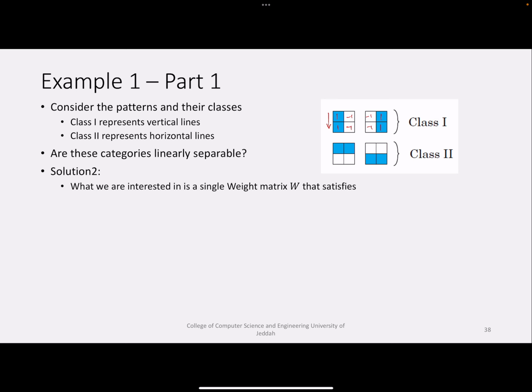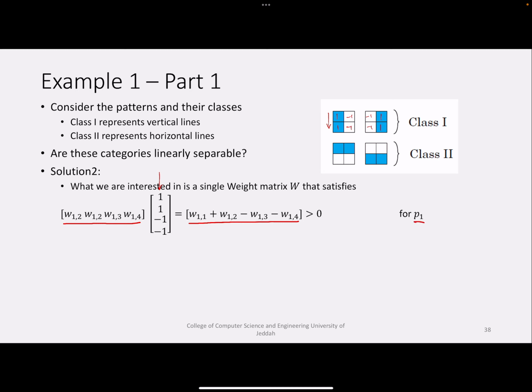So let's plug these input vectors in here. What we're saying is that W times P, where W contains these 4 weights, if you take the dot product of these 2 vectors, you get this term over here. And this should be greater than 0 for P1.